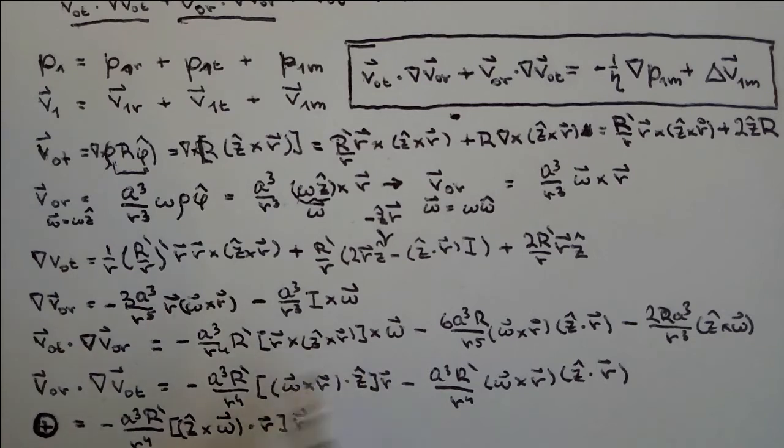From this part, I think, but I'm not sure, because these are only vector identities. You can compute it yourself. It's not so complicated.